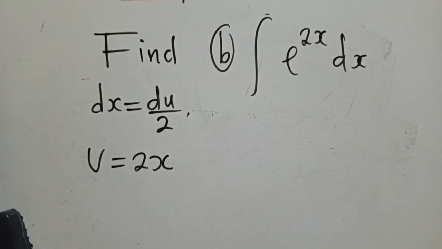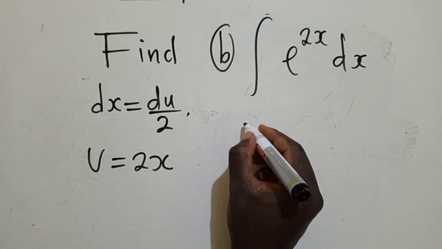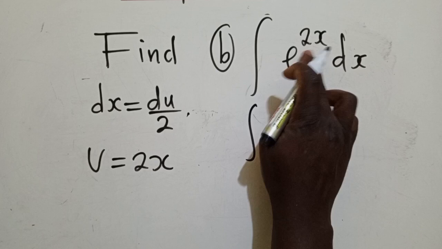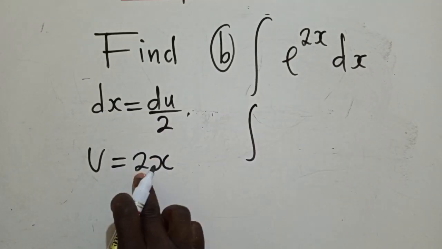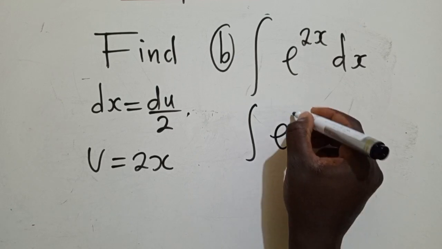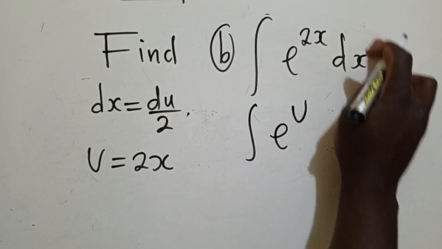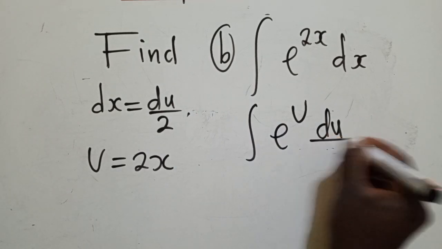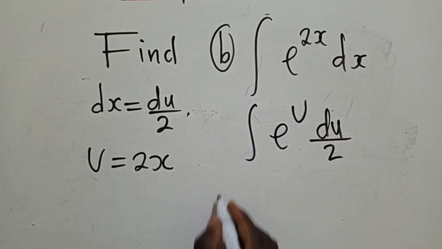Now, when we get these things, look at how we do it. We are going to substitute. We know that 2x is equal to u, so we shall say e to the power u, and where there is a dx, we are going to substitute du over 2. So it will look like this. You see the way it looks?